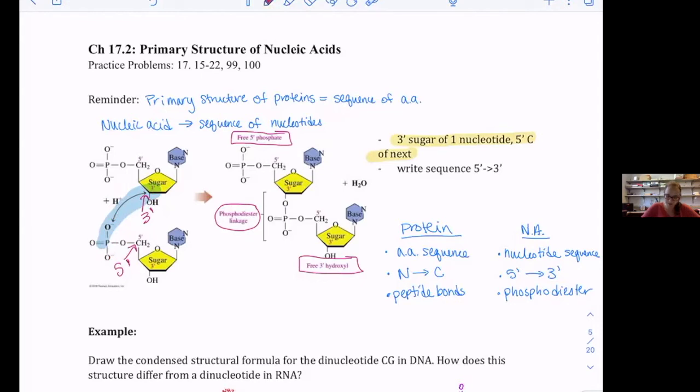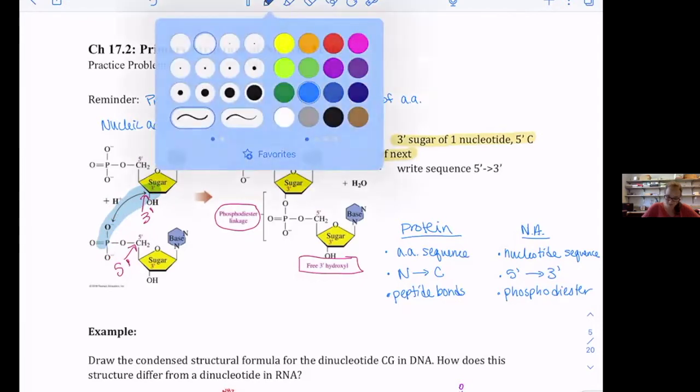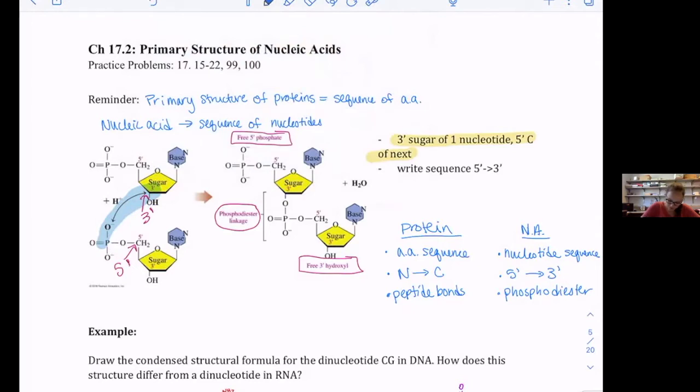So this bond here is formed in this reaction. And that's how you have the linkage. So this is called a phosphodiester linkage.